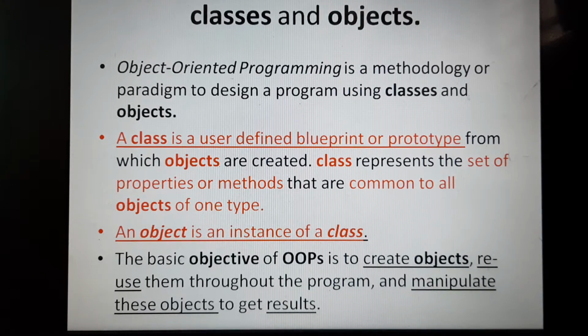So what is the basic objective of OOPs? The basic objective of OOPs is to create objects, reuse them throughout the program, and manipulate these objects to get the result. That means we have to create the object, and the object will be created from a class. That means we have to define the class. After that we have to create the object, and we use that object throughout our program and manipulate its data, methods, properties, and we will find our result.